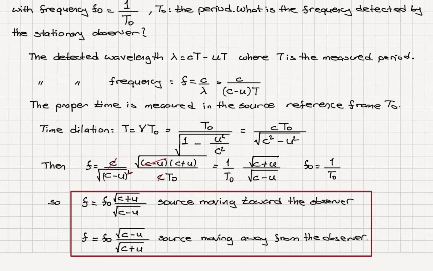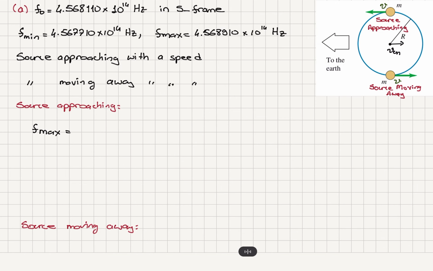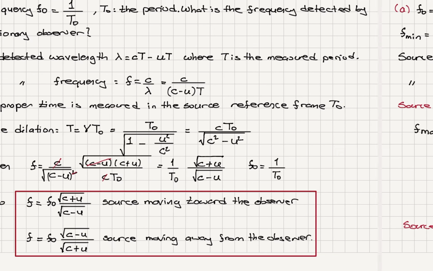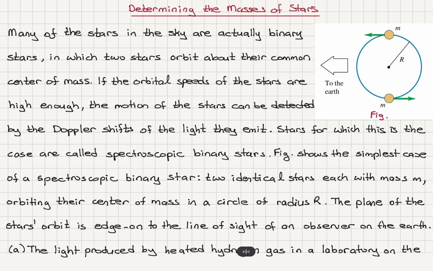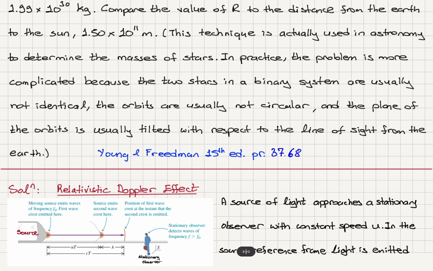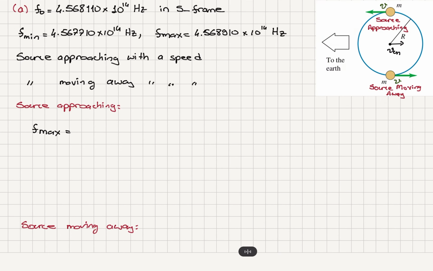Now looking at the given values in the problem, in the S frame, when you measure the heated hydrogen gas spectrum, we find a frequency of 4.56811 times 10 to the 14 Hz. There is a minimum frequency and a maximum frequency measured on Earth for the light coming from these stars.